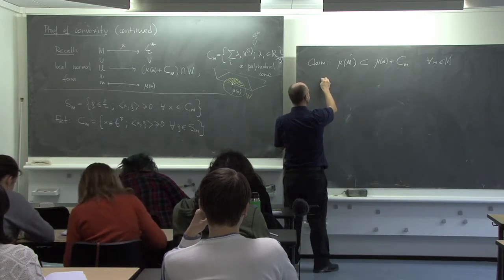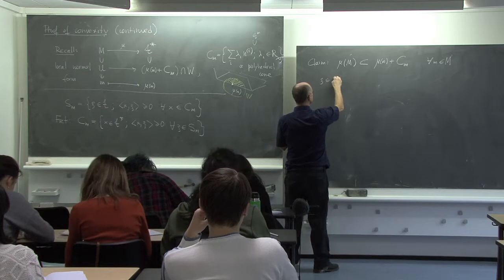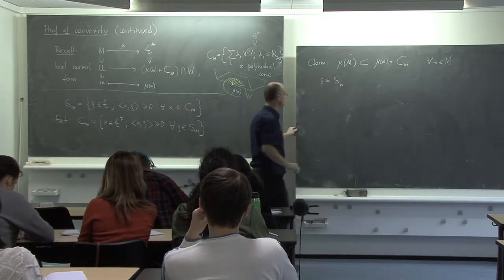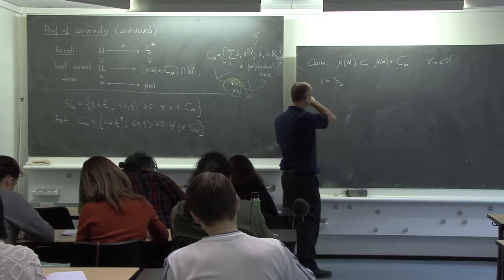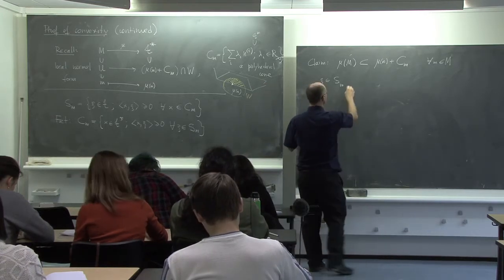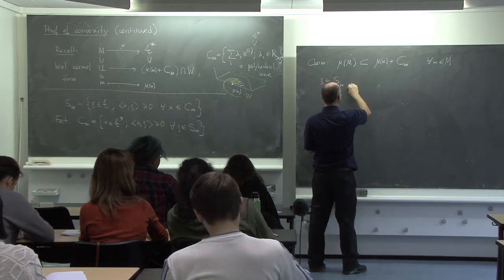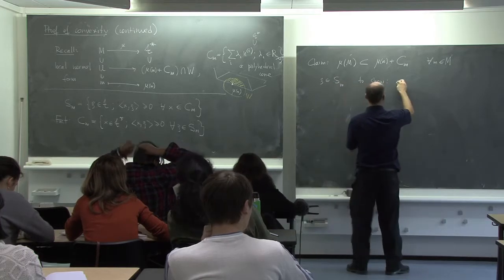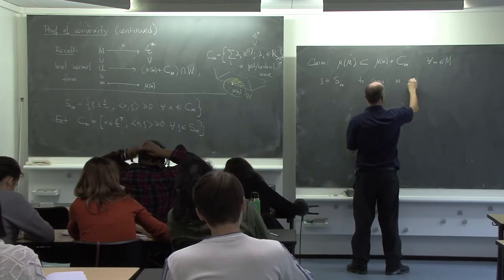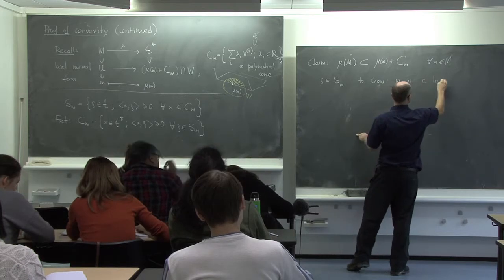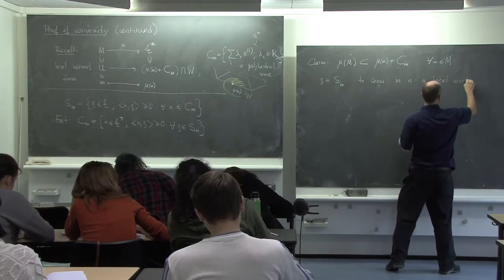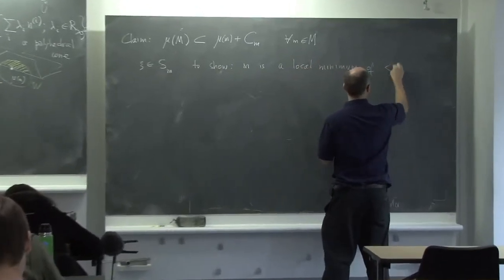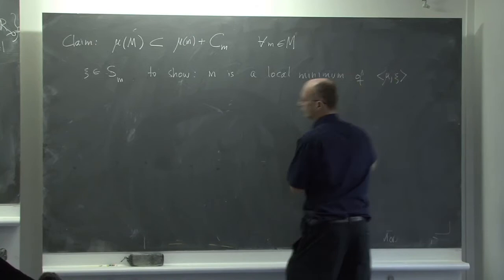Let's consider psi in the dual cone Sm. Then I would like to show that m is a local minimum of the function mu psi.